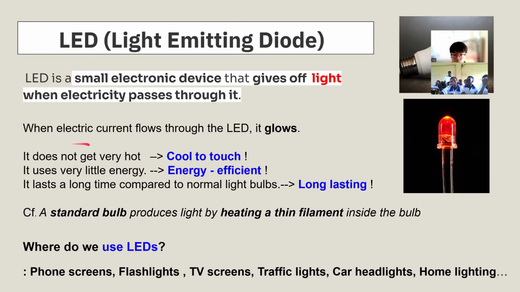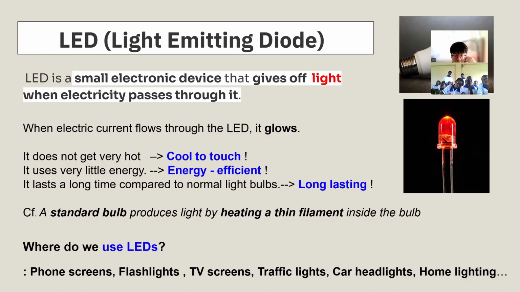So when an electric current flows through the LED, all the electrical energy makes it glow, and it glows very efficiently. So the LED does not get very hot, and it uses very little energy to make light. And it lasts a long time compared to normal light bulbs.